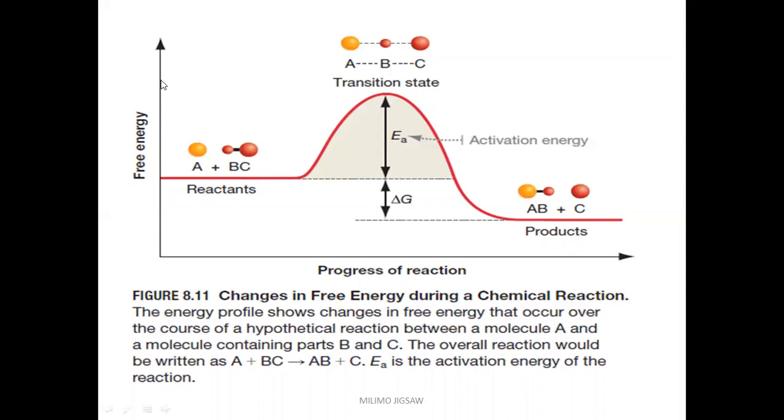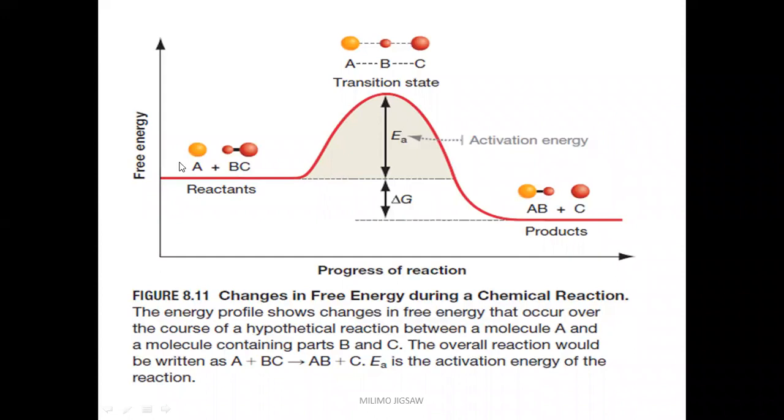So we have the free energy here, and we have the progress of the reaction. We have the reactants A and BC, and then the product AB and C.